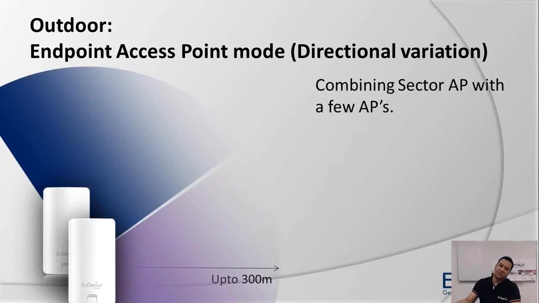So if I'm talking now about the ENS202 with the 90-degree angle, if I use two, like in this drawing, you can cover 180 degrees, 2 times 90 degrees, in the deployment here.